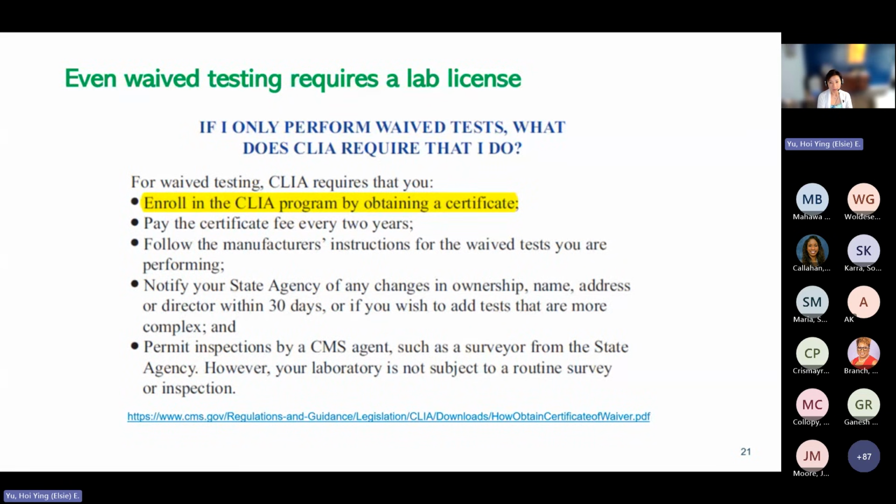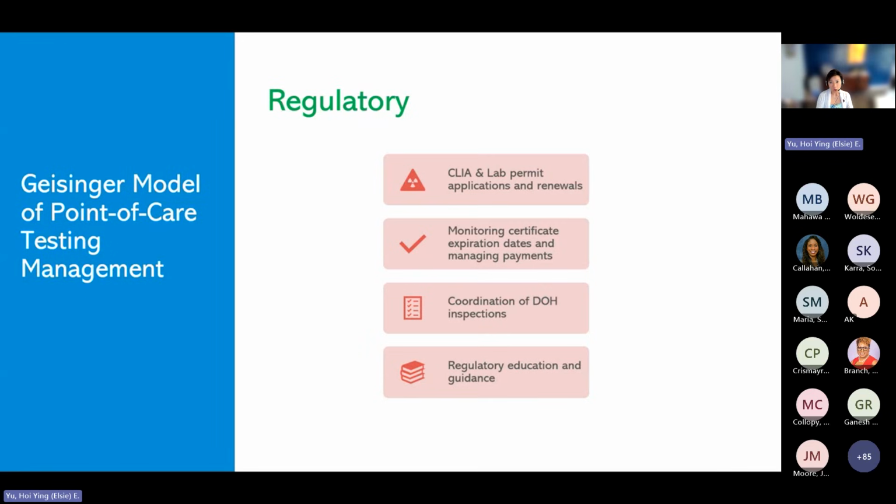One of the questions that actually gets asked pretty frequently is whether waived testing requires a lab license. Most of you on this call probably know, but based on the regulation, yes, even waived testing does require a CLIA license in order to perform testing. So in our health system, even just with all the certificates, we have close to 100 of them, and we need to closely monitor the certificates for expiration dates and manage payment to make sure we renew them in a timely basis.